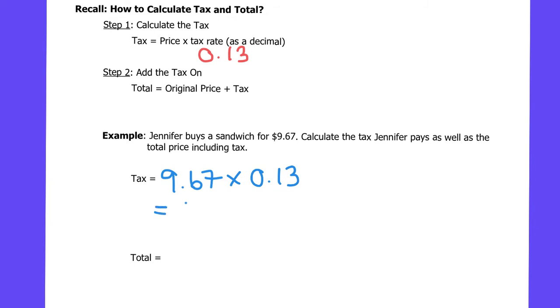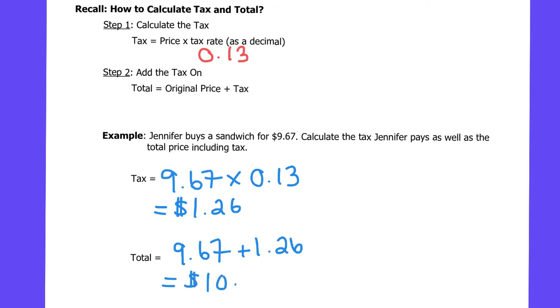On our calculators, if you do that, it'll give you $1.26. And now to figure out the total, we're taking that original amount of $9.67, and we're adding that $1.26 that we just calculated for tax. When we add those two things together, we get $10.93.